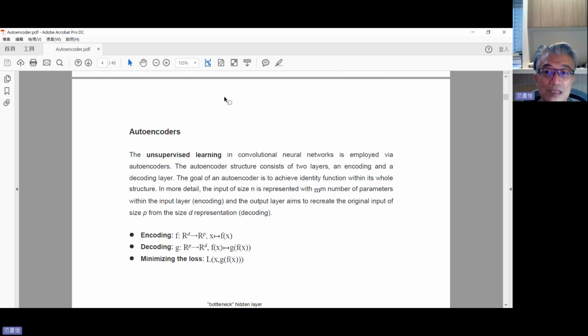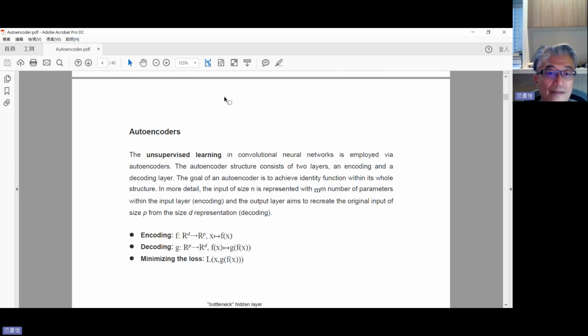Within its whole structure, in more detail, the input of size is represented as m by n parameters, and the output layer aims to recreate the original input of size D from the size P representation.